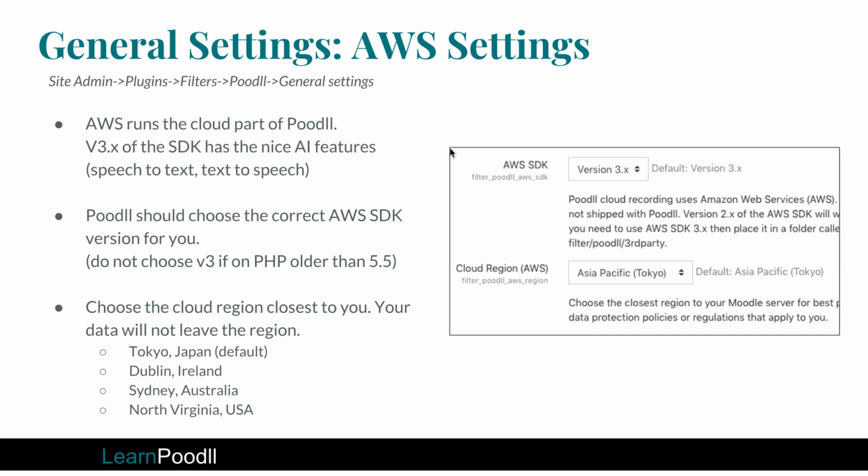The cloud region is not automatically selected. You should choose the one that is closest to you. The 4 regions that we support are Tokyo, Japan, Dublin, Ireland, and Sydney, Australia, and North Virginia, USA. Your data will not leave the region that you select. So if you have requirements to keep your data within a particular region or country, then the cloud region setting is going to be useful for you.